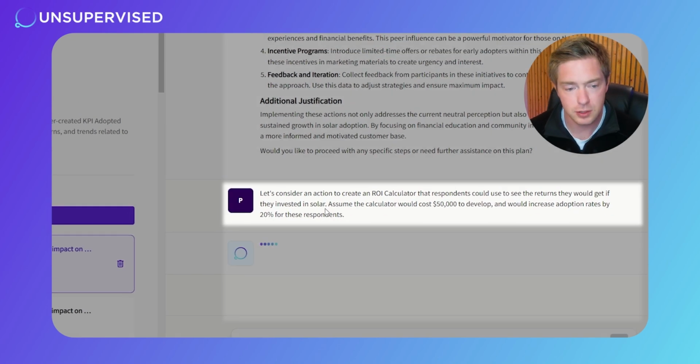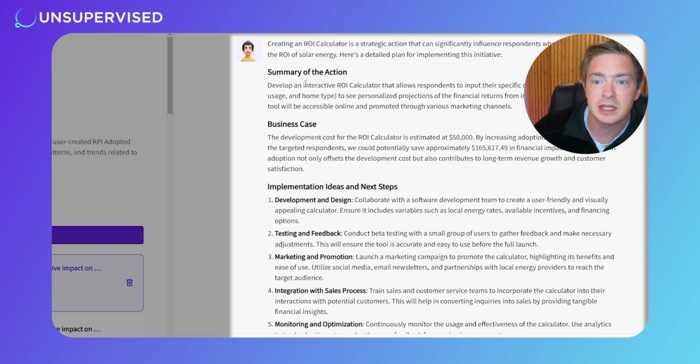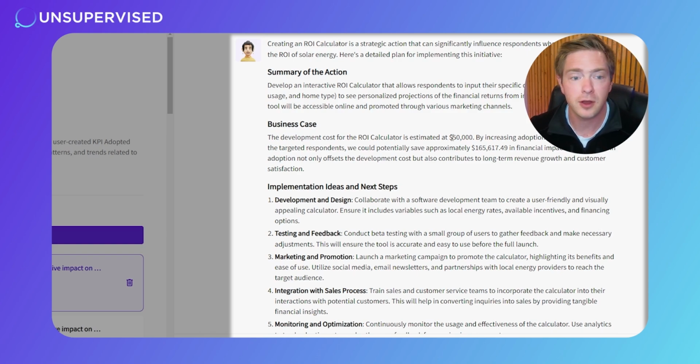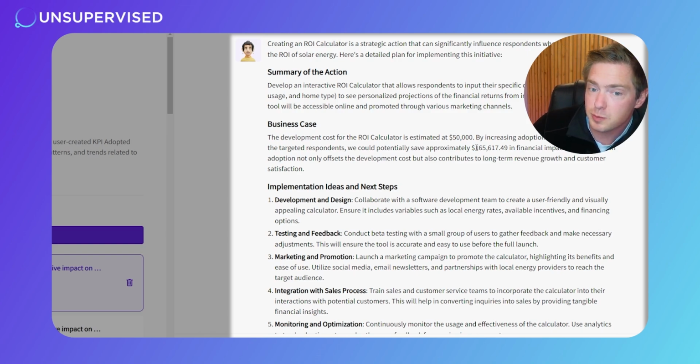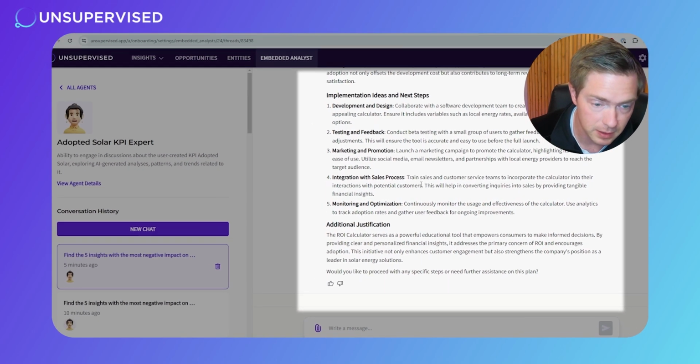And what the analyst should do for me now is come back and really build out that action plan. So here you can see it's created a summary of the action for me and a business case. If we spent $50,000 up front on this, we would then get a gross benefit of $165,000. And here are some ideas for how you might go about implementing this.